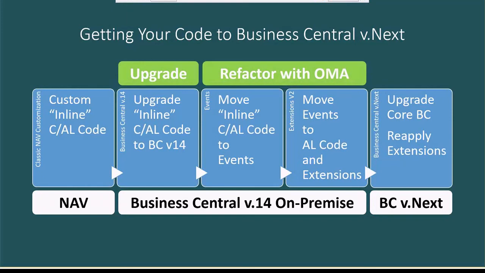So my recommendation moving forward for partners, customers, and ISVs is first off, do an upgrade. Upgrade the existing code as is to BC14, right? And BC14 is the hybrid environment which contains the C/SIDE development environment as well as your VS Code AL development environment. Okay, so both development environments are supported.